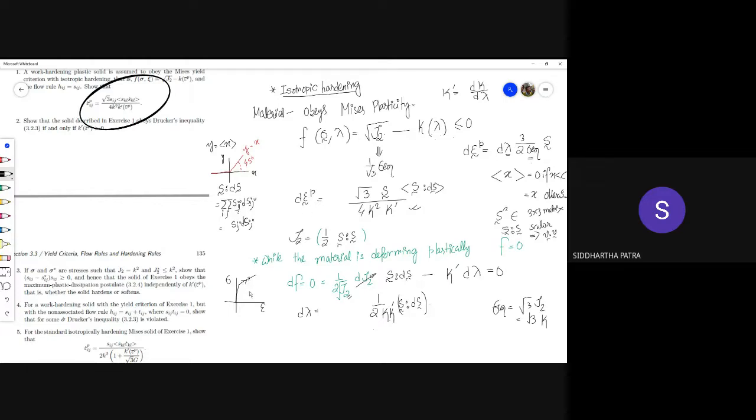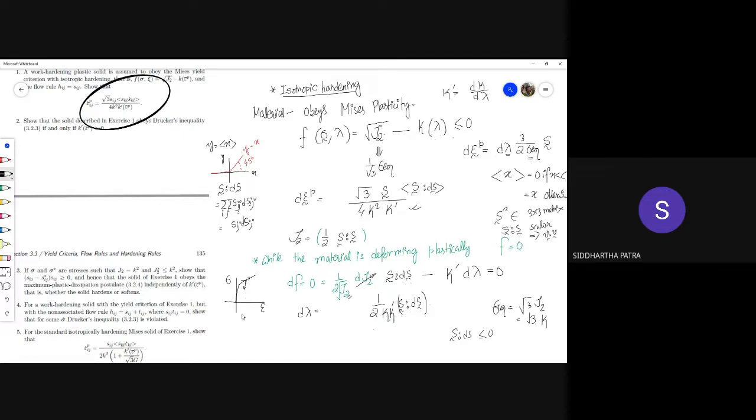Now if S inner product dS is less than 0, which basically means you are not loading further, you are trying to unload from here.